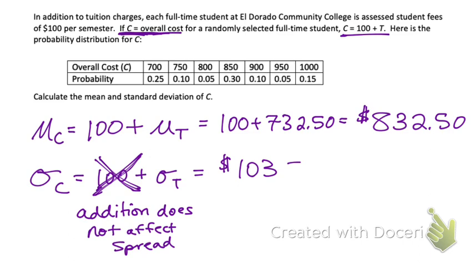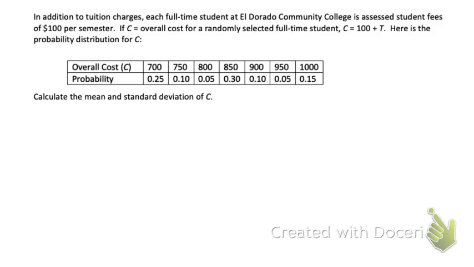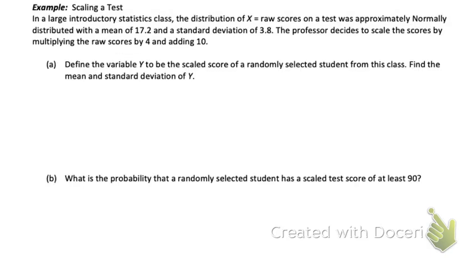For example, this problem. In a large introductory statistics class, the distribution X of raw scores on a test was approximately normally distributed with a mean of 17.2 and a standard deviation of 3.8.